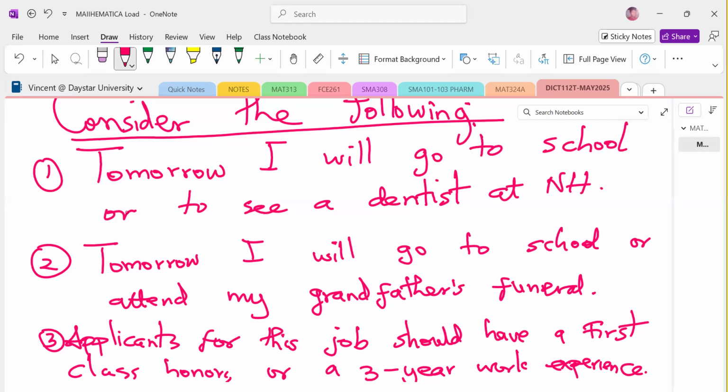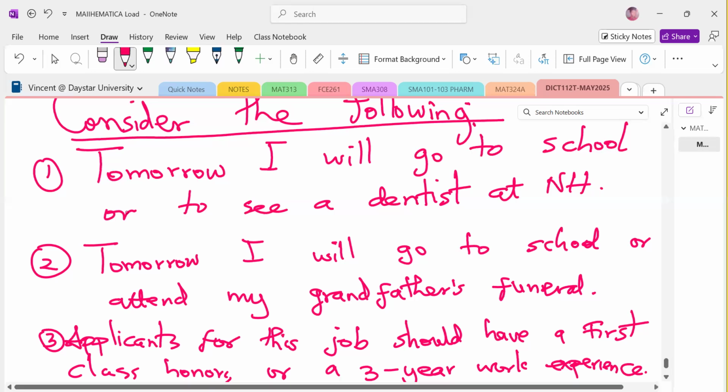Now let's see whether the interpretation of each statement is the same or different in all these three statements. Like the first statement: tomorrow I will go to school or to see a dentist. When tomorrow comes and this person goes to school and fails to see a dentist, is it in agreement with what he said initially?